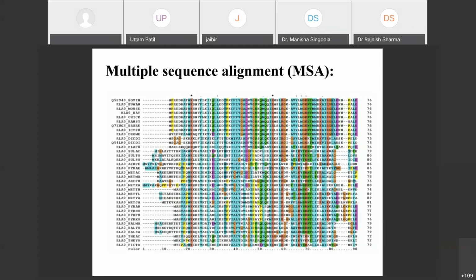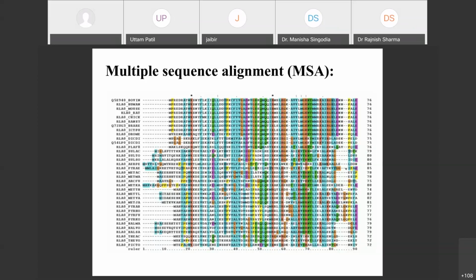Then you might see a dot here. So that gives you an idea, a double dot, that this particular column has all residues that are hydrophobic kind of residues. If you see here, valine, methionine, and leucine, and so on.